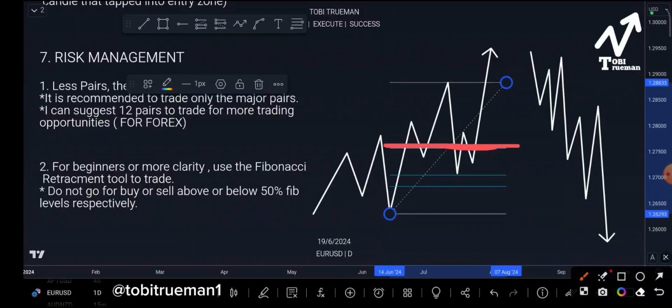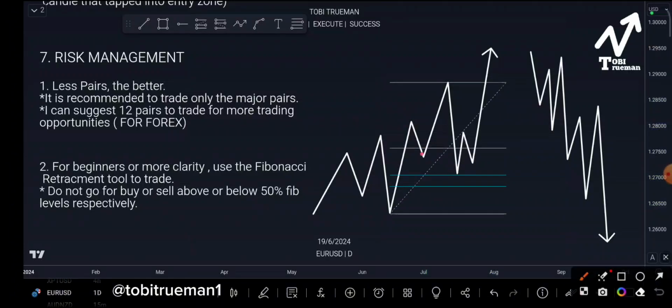There are some people who will say, okay, this point is premium and here is discount, and you have to buy from the discount. So anything below 50%, when price comes and takes out this inducement, we know that this line here is the 50% line, meaning it's already in the discount zone, meaning you can buy here.